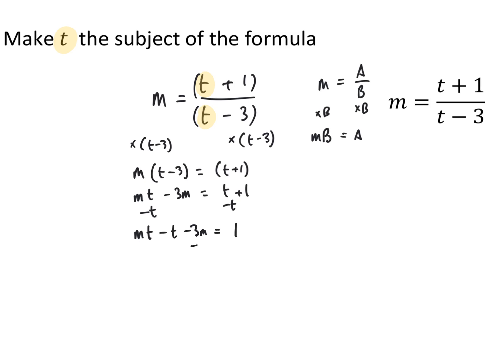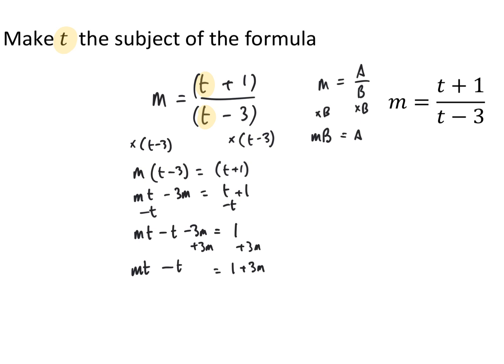I'm going to get rid of this -3m by adding 3m to each side. So that's going to leave me with the mt minus t on the left, and now I'm going to have 1 plus 3m on the right.